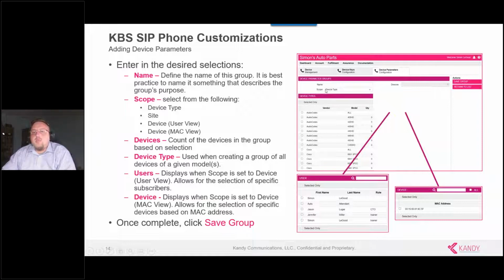If you choose a scope that's relevant, for example, a device user view, this box will pop up giving you a full list of all of the subscribers built in this SMB. So you can go in and select those individual subscribers that this rule applies to. Same thing again for MAC. If you want to view things based off the MAC, a box would show up in this area, giving you the ability to select those MAC addresses.